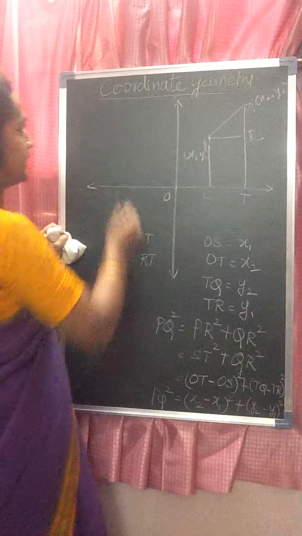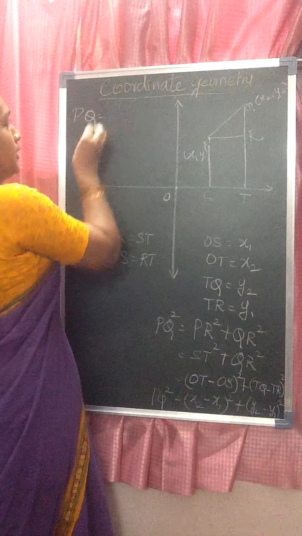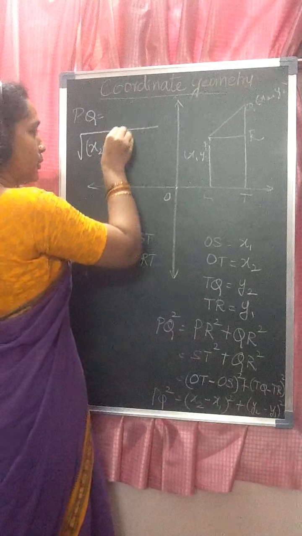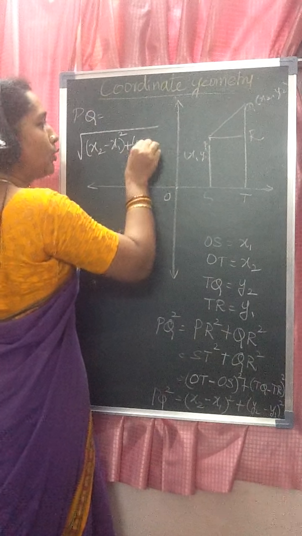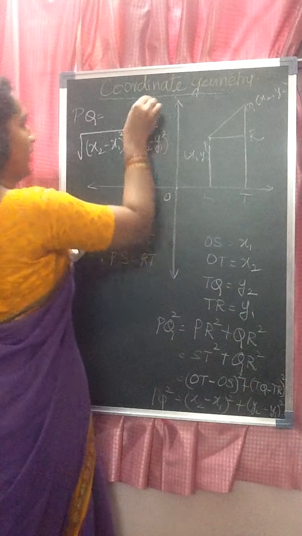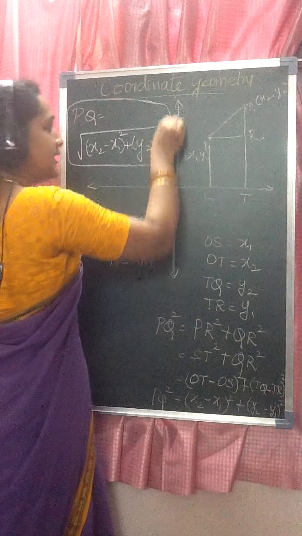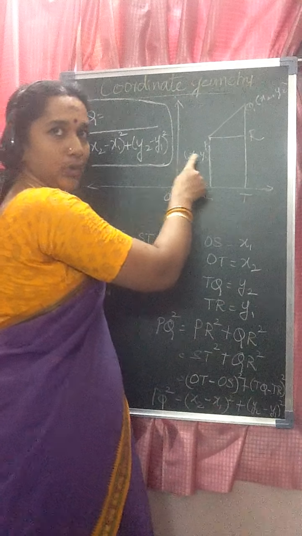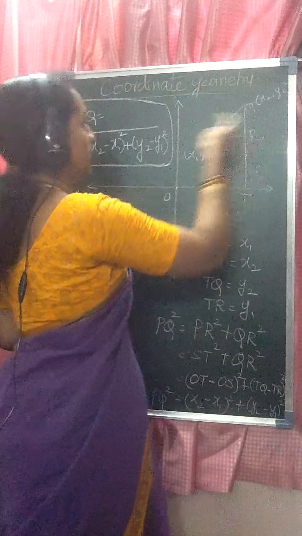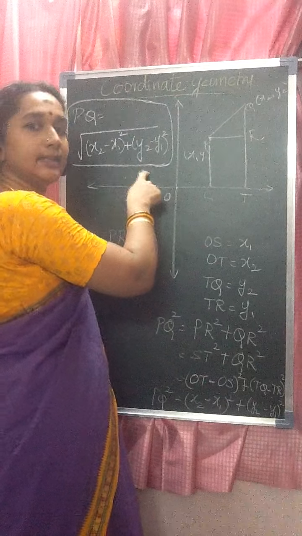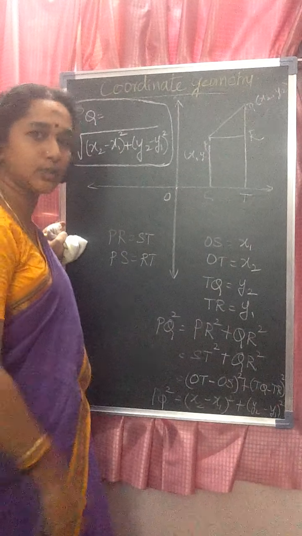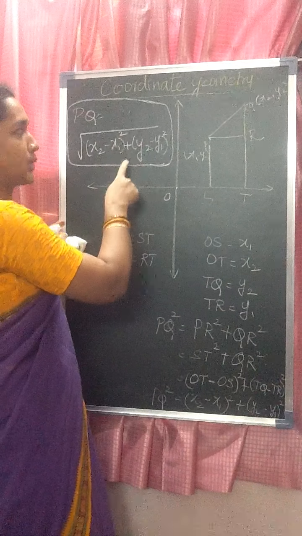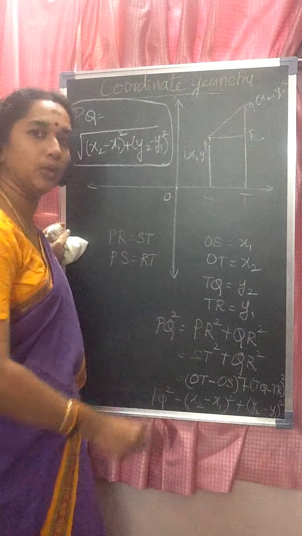So PQ is equal to the root of x2 minus x1 the whole square plus y2 minus y1 the whole square. This is called the distance formula. If you know the coordinate points x1, y1 and x2, y2, you can easily find the distance. Understood?